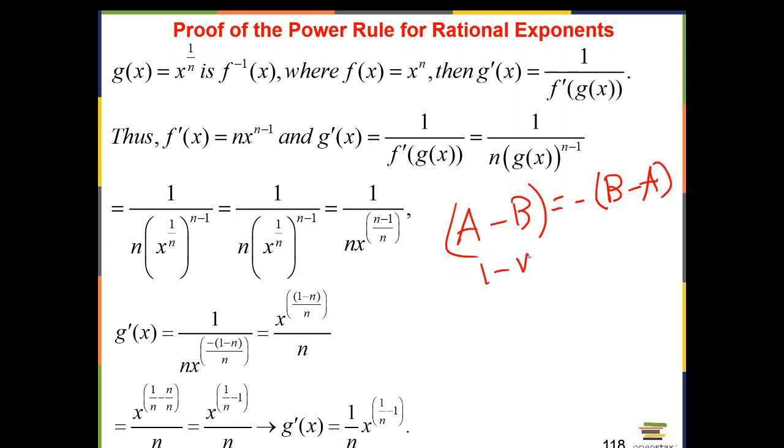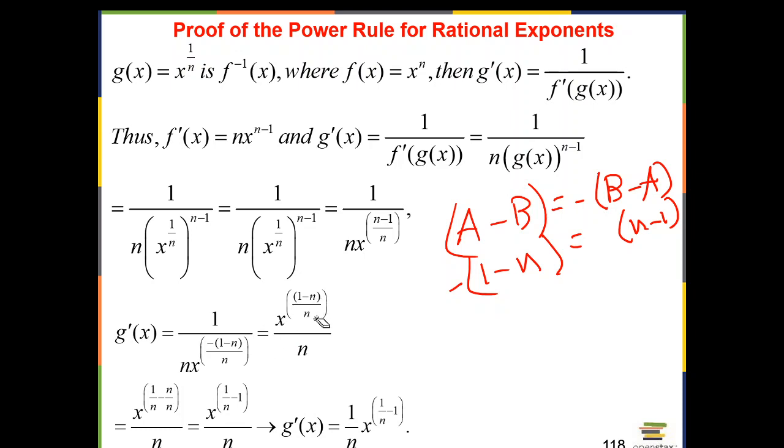So instead of n minus 1, I could put it the other way around: negative 1 minus n, right? That's the same thing. So we can write n minus 1 here; instead, we write negative 1 minus n, right, for that. And now, since this is a negative power, we can bring it to the numerator. So n stays here, x comes in the numerator, becomes x to the 1 minus n over n.